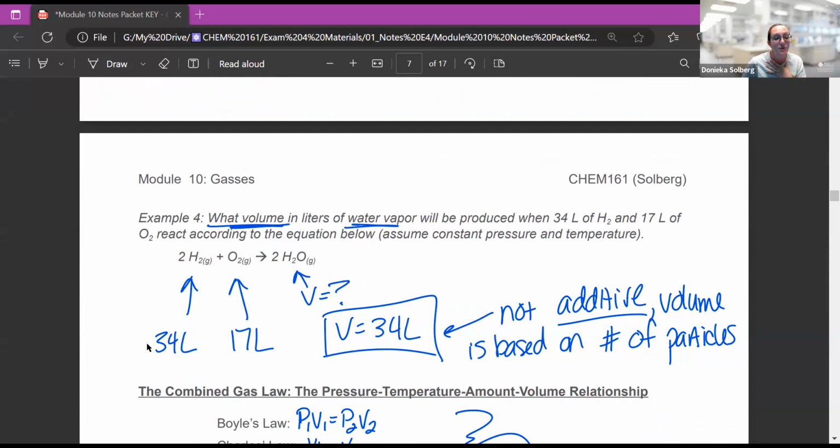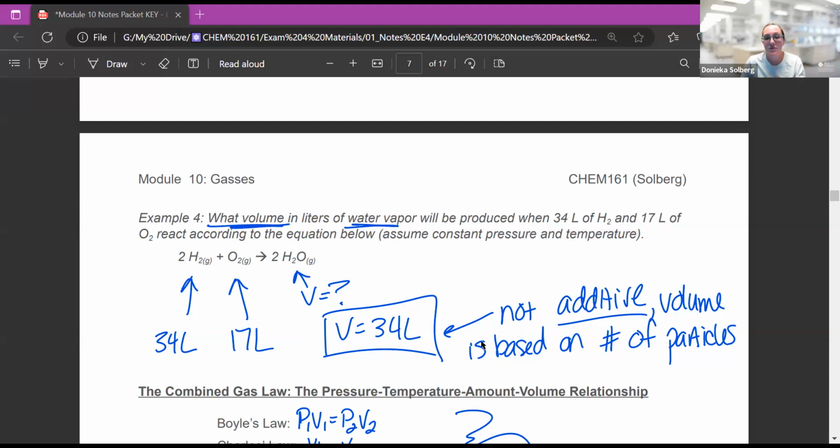So if you react 34 liters of this with 17 liters of this, don't change the pressure, don't change the temperature. Since this is a 2-to-2 and this is a 1-to-2 ratio, you actually end up with 34 liters of your product of water vapor. These are not additive because they're not masses, they're moles, or they are just like moles.